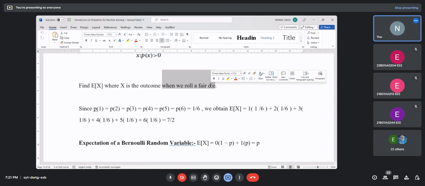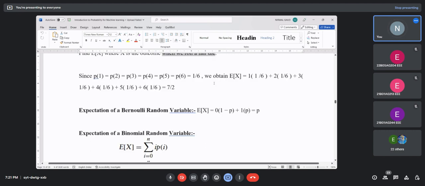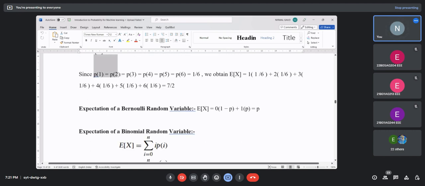No, you are going to get a discrete value only in case of a die. If I toss a coin, either you get head or you get tail. That's it, discrete values only.